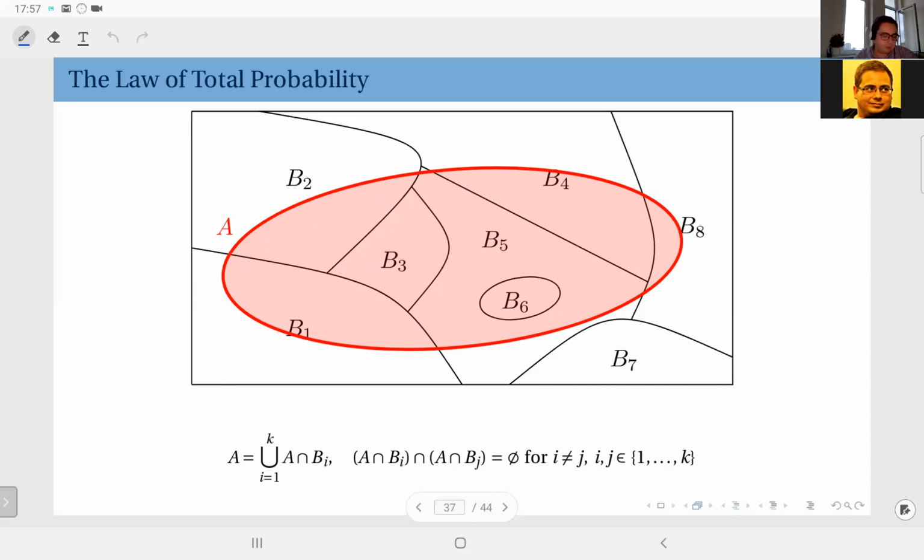B1 through B8 is the partition of the sample space, and A is some other event. And I'm interested in computing the probability of event A. Now, when you look at the individual intersections of the B sets with event A, you see this one here.